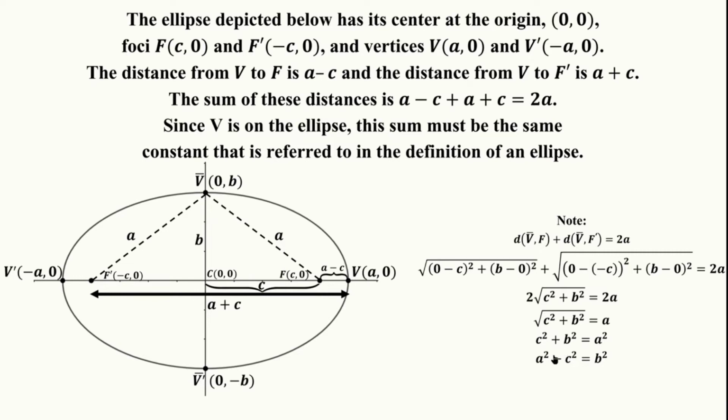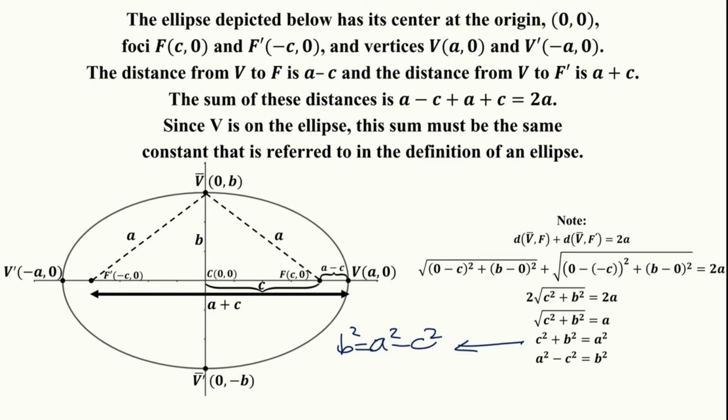And notice that if I solve for b squared, I end up with a squared minus c squared, right? So basically, if we keep b squared on this side, we get a squared minus c squared. To get the a squared minus c squared on that side is no problem.